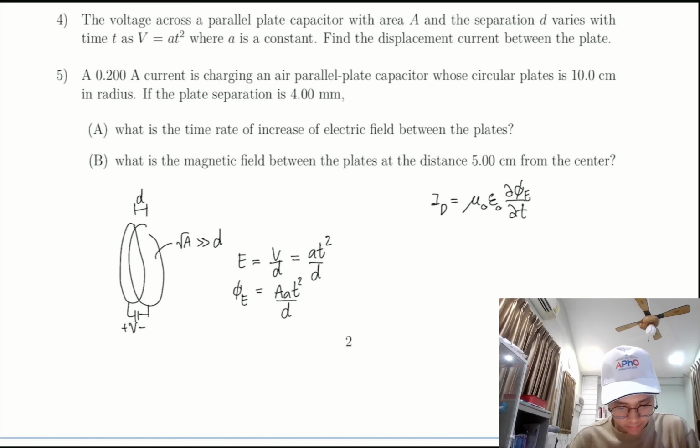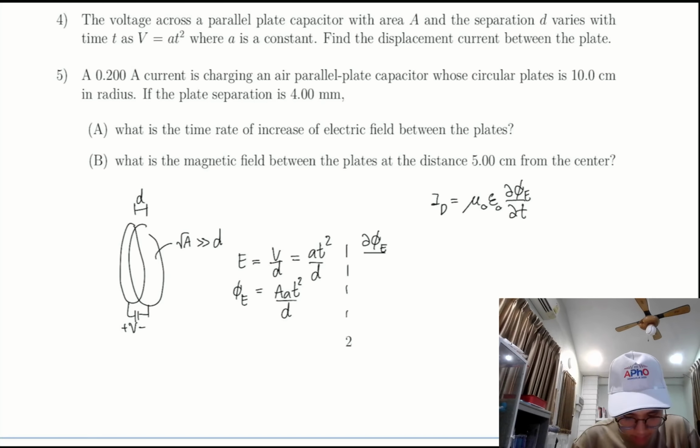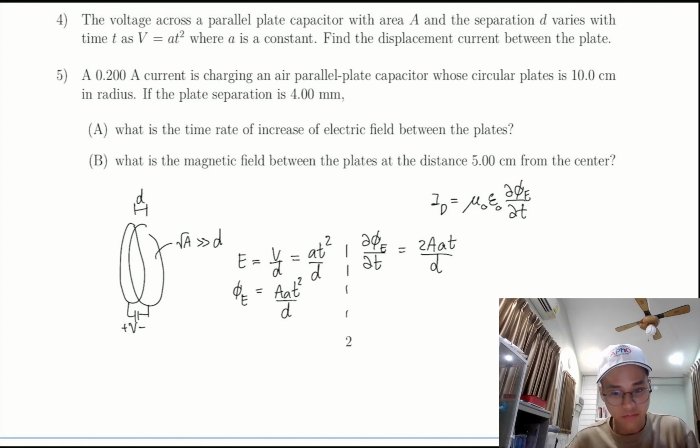For those who ask, it should be a dot product, but you know it is perpendicular. So yeah. Then we differentiate, I mean partially differentiate with respect to time. We got 2a capital A times a t over D. Okay, and then we just multiply all together.